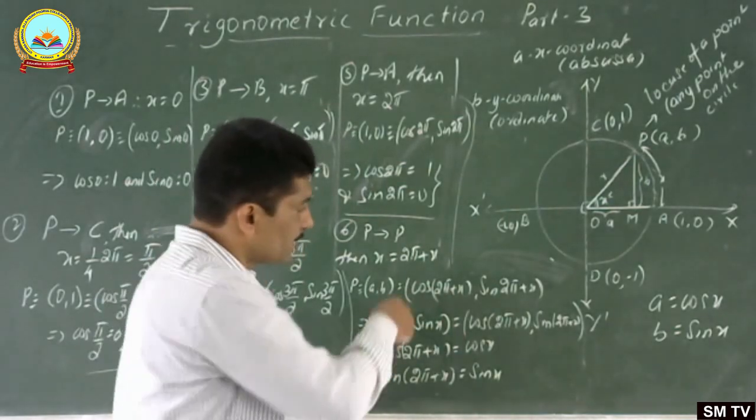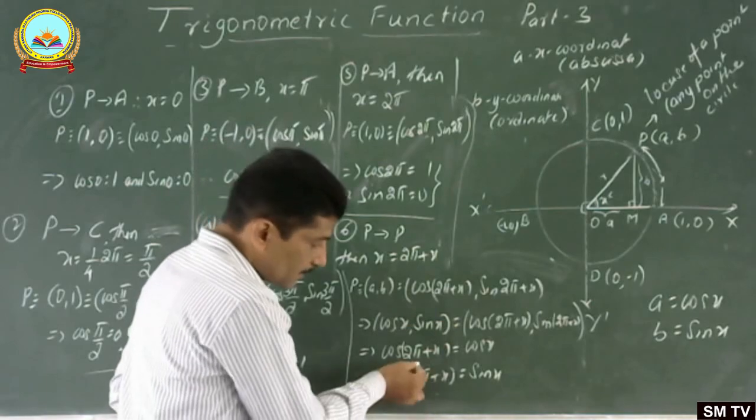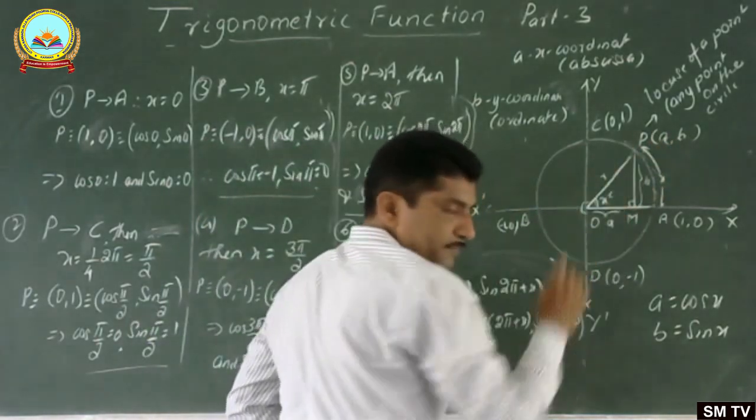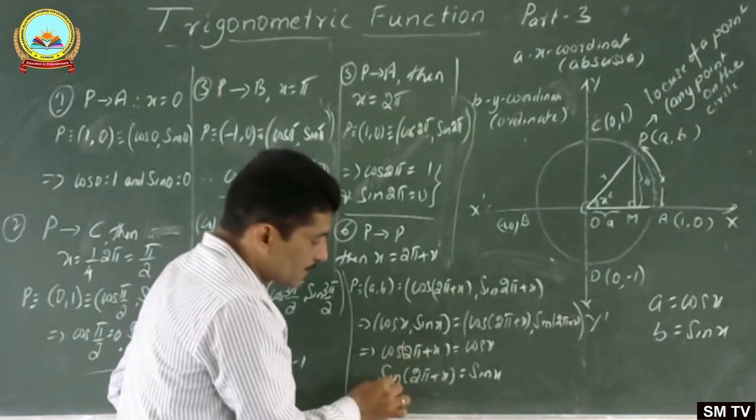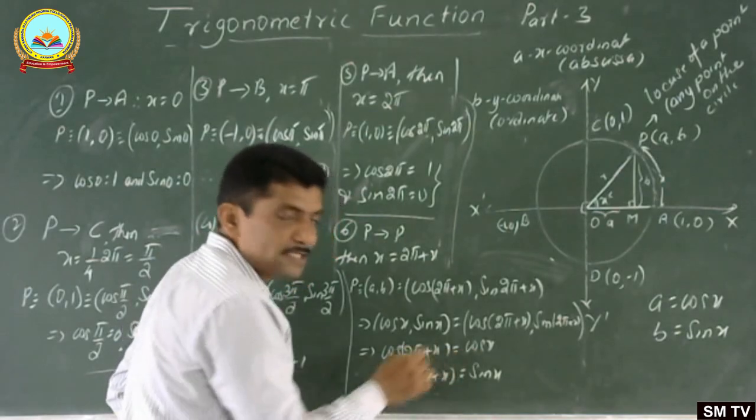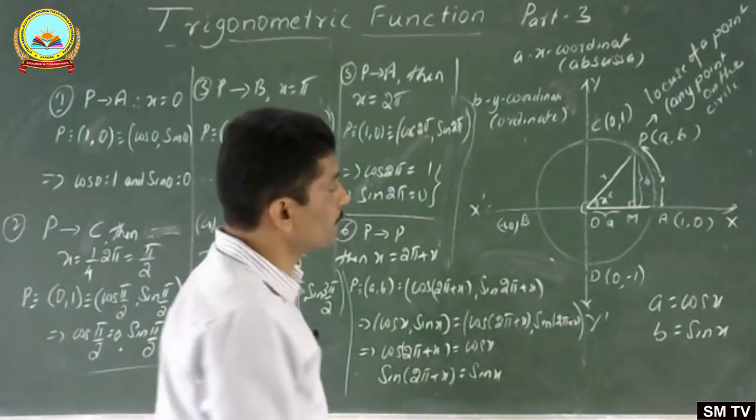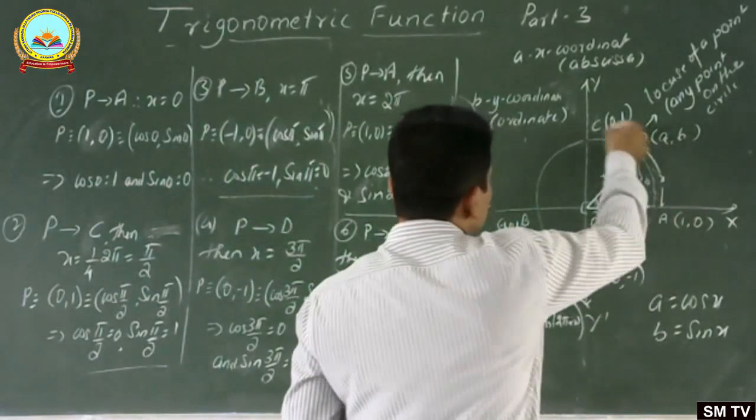The x is increasing, but the coordinates remain the same. It means cos of 2 pi plus x is equal to cos x and sin of 2 pi plus x is equal to sin x. Suppose the rotation is continued.